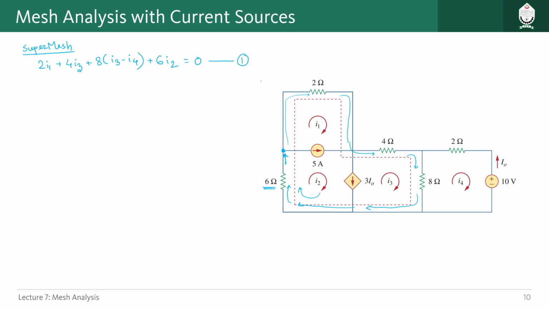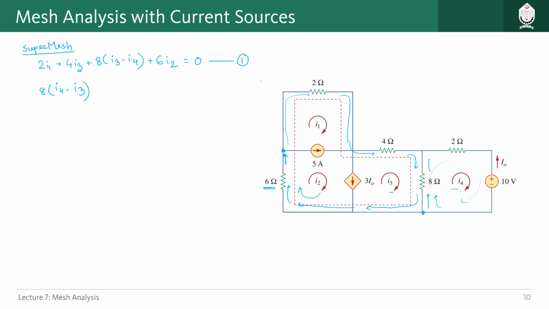Now we can form another KVL equation in this loop, in this mesh. So start from here and go in this direction. The 8 ohm resistor is experiencing this current and this current. I4 is in our direction, the upward direction, and I3 is in the opposite direction, so it should be something like this: 8 multiplied by (I4 minus I3).